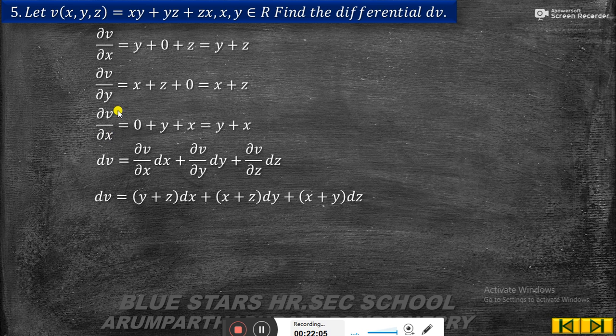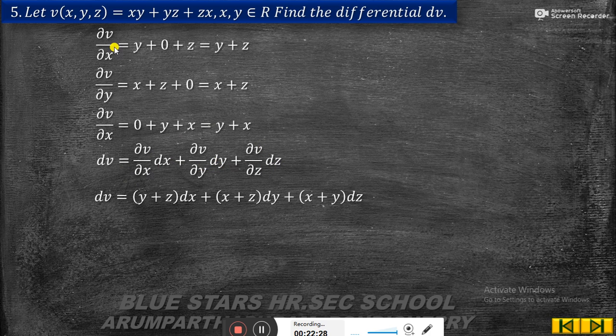Next, dou v by dou z. Here z will come. There is no z variable in the first term, so its differentiation is 0, plus y into the differentiation of z, which is 1, plus x into 1, so y plus x. Therefore dv equals dou v by dou x into dx plus dou v by dou y into dy plus dou v by dou z into dz.